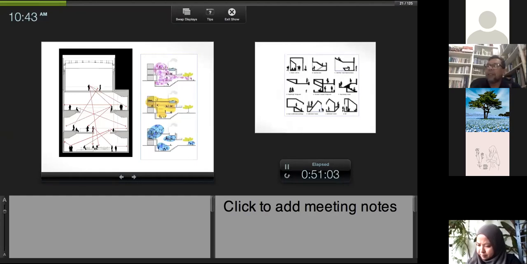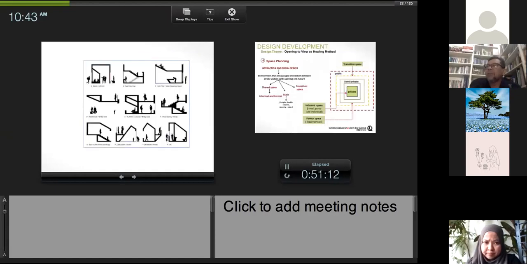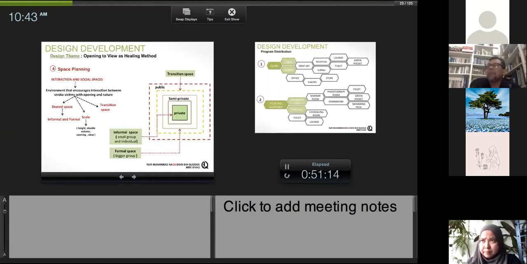Then you can create interaction, volume, juxtaposition and whatnot. Okay, this is another view. In the design development, this is a product of my previous student as well. Over here, in terms of space planning, set space, transition space, informal and formal space, you need to identify as well.